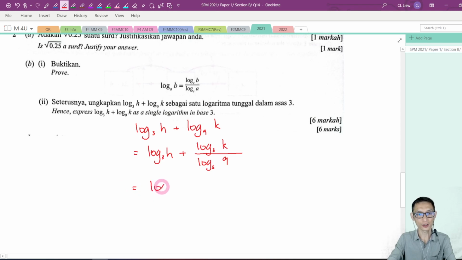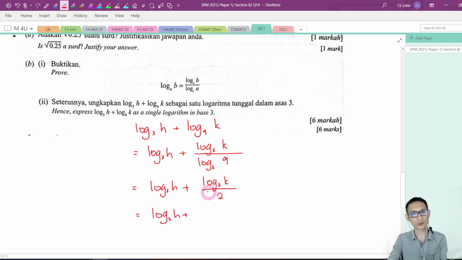Okay, so this log base 3 of 8 plus. Okay, this one we don't have to do anything, just copy this. So log base 3 of 9 is actually equal to 2. Okay, now log base 3 of 8 plus, this is actually equal to 1 over 2 times log base 3 of k.